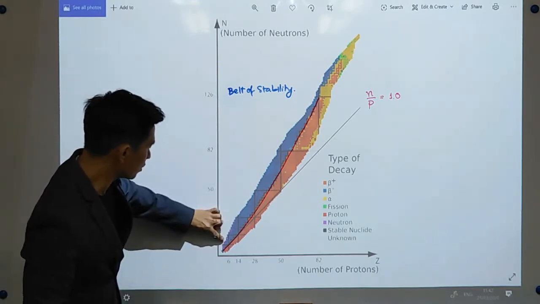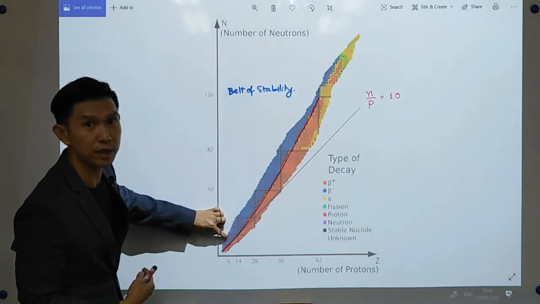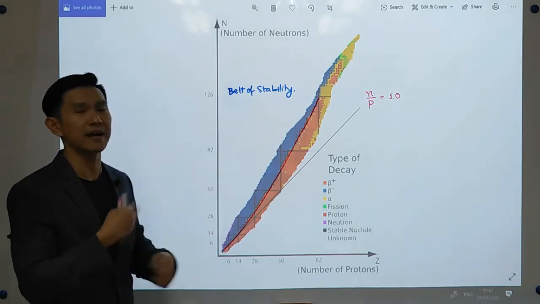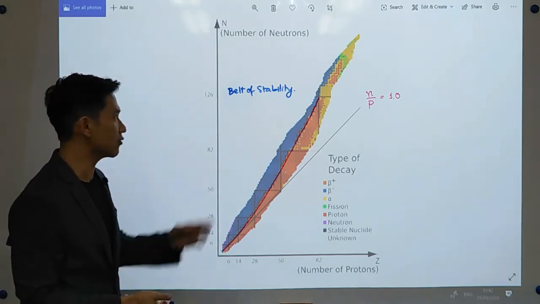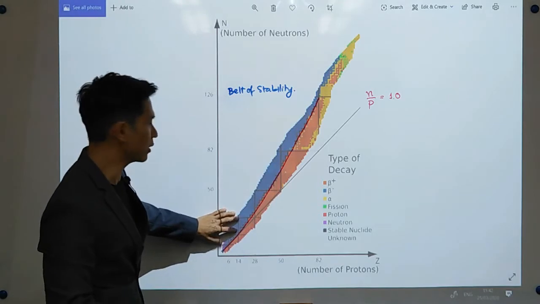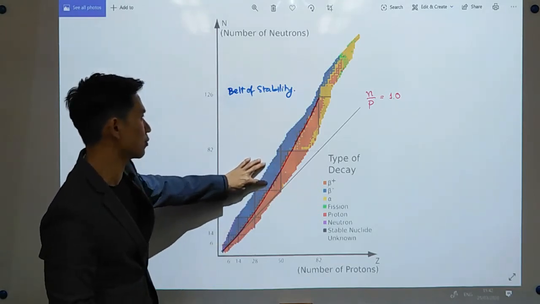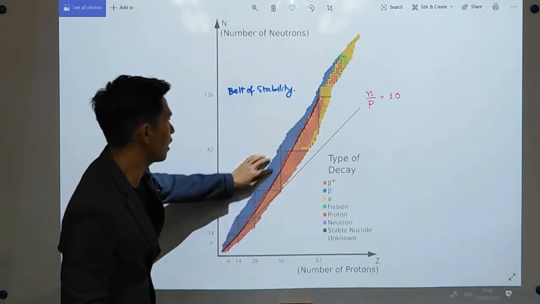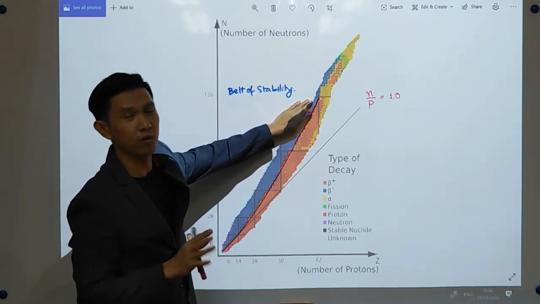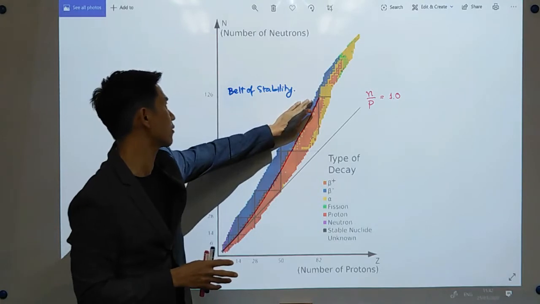But then after your elements grow bigger, you have more protons in your nucleus. You need a higher number of neutrons. So the N to P ratio is increasing from 1 to 1, to 1.1, 1.2, 1.3. And then above here it is about 1.4, 1.5, around that.